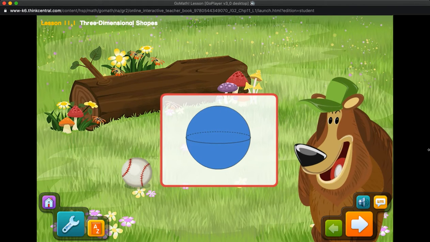So, what do you call something that has the same shape as a ball? I think there's a special name. I know that it's called three dimensional, but there's another name too. Do you know? Well, let's go find out more about three dimensional shapes. Then we'll learn the names of other shapes too.